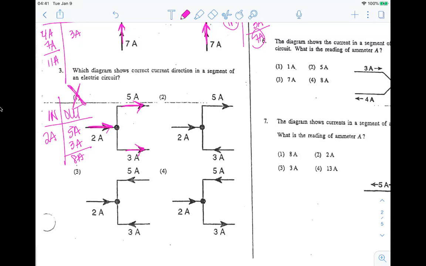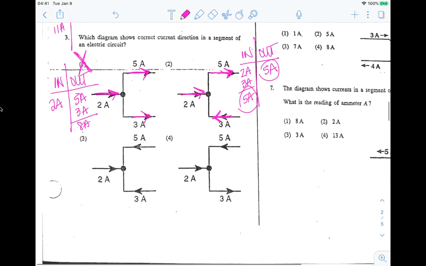They're not equal to each other. If we look at choice 2, in versus out, we have 2 amperes going in, 3 amperes going in, to give us a total of 5 amperes going in. And it looks like we have 5 amperes coming out. Well, this one looks pretty good. Let's just make sure the other ones don't work.